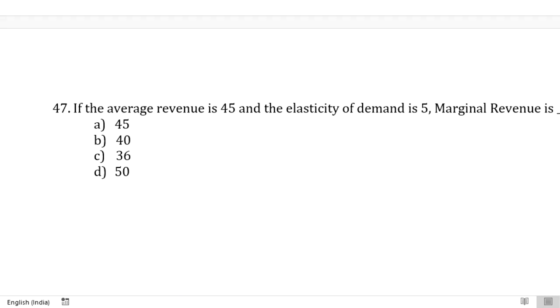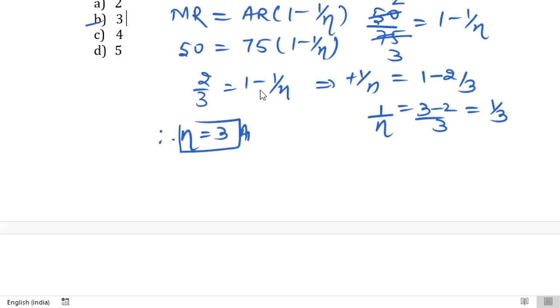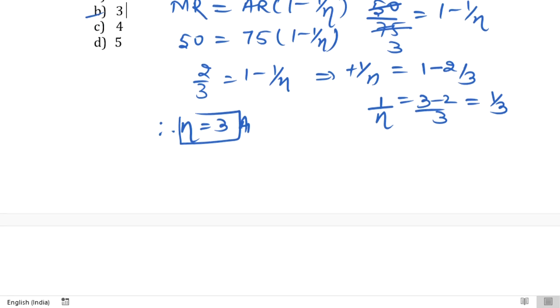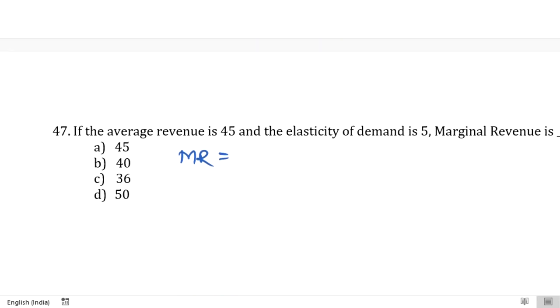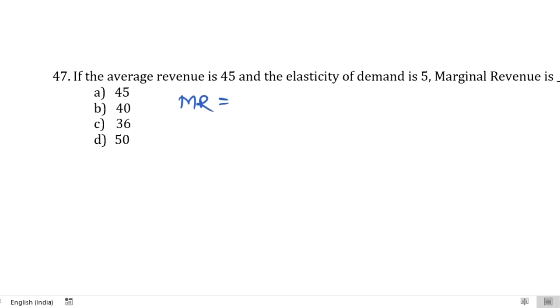Now the average revenue is given, elasticity is given, and I have to find out the marginal revenue. So I'll write down the formula again. MR is equal to AR into 1 minus 1 upon nu.